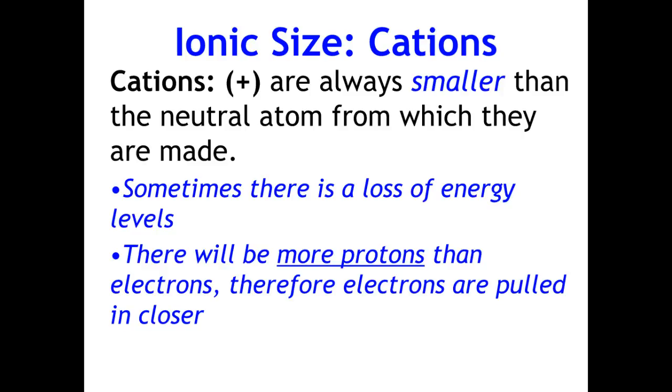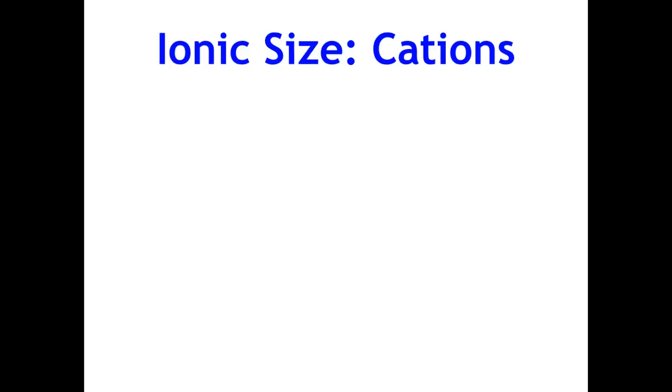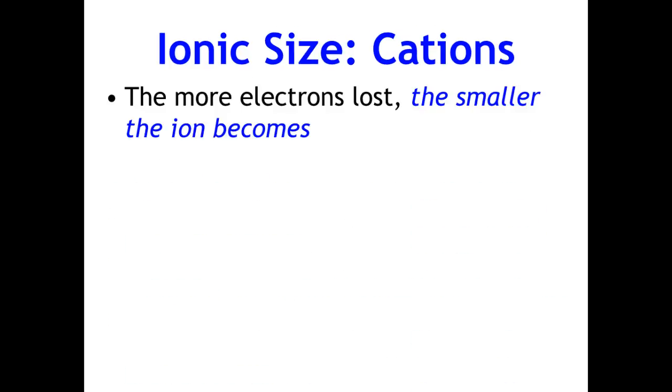And what that means is those electrons are now pulled even tighter and even closer into that nucleus because there are more protons than there are electrons when you become a cation. So, the more electrons lost, the smaller the ion becomes.